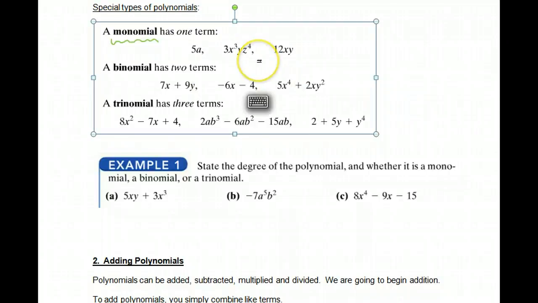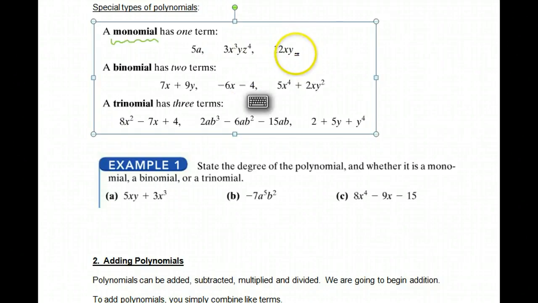Those monomials are terms such as 5a, 3x cubed, y, z to the fourth, 12xy. You'll notice that in these monomials, your terms have no separation with plus and minus signs.